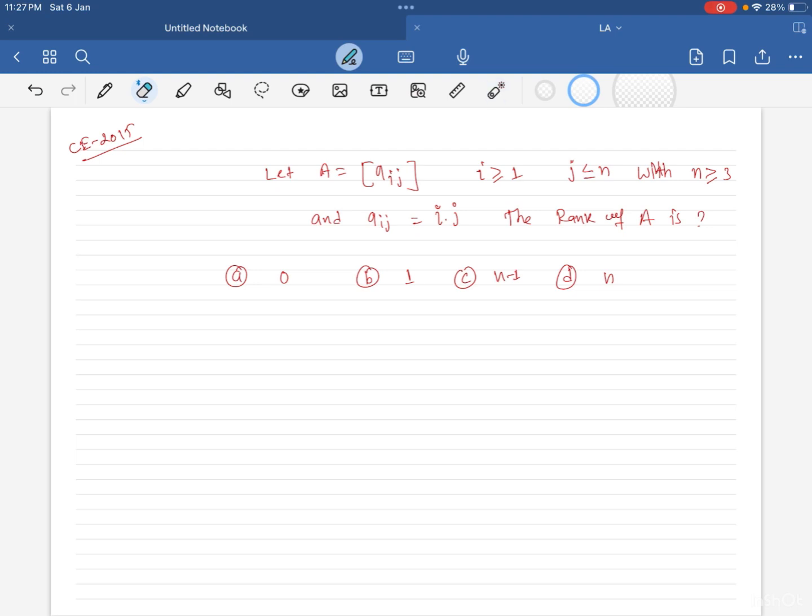Okay, so this question is from CE 2015. We have been given this matrix A with the element a_ij, where i is greater than or equal to 1, j is less than or equal to n, with n greater than 3, and the elements are these.